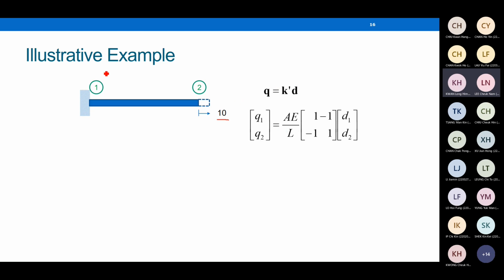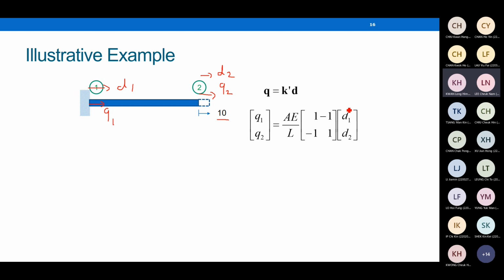Assume that we have node 1 on the left and node 2 on the right. Then we have one force, Q1, and the other force, Q2, at node 2. And then we also have D1 and D2. We describe our force and displacement at the nodes.